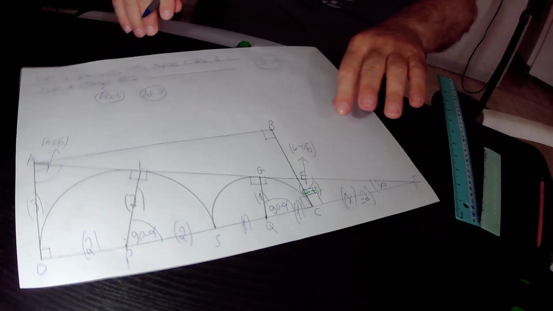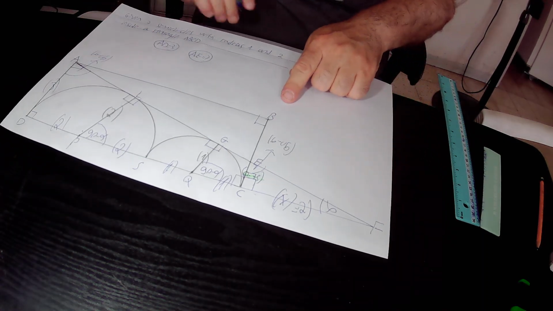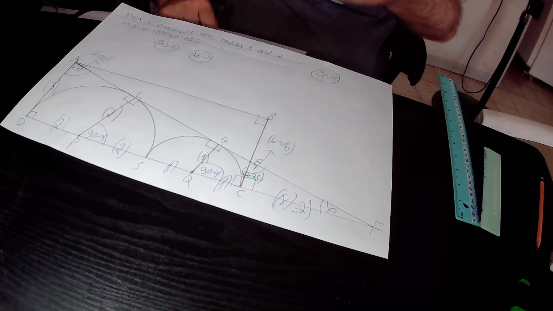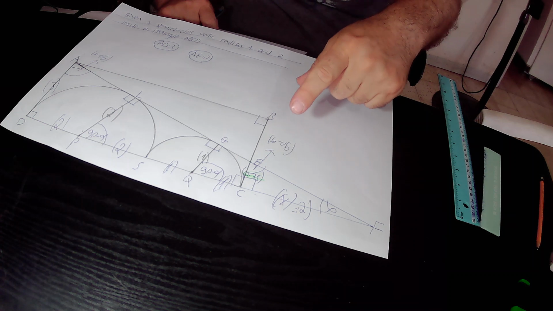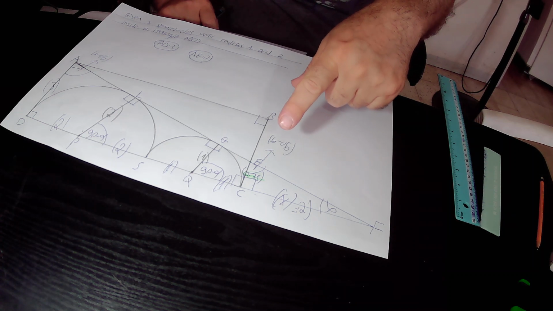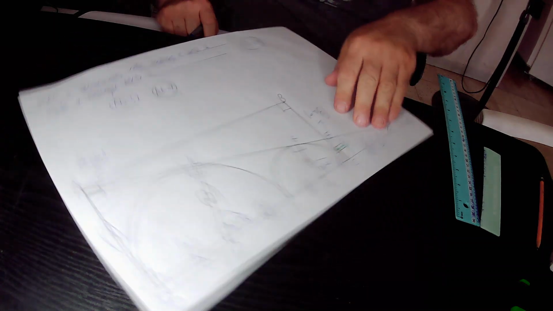What is the length of the missing line segment BE? From the drawing, it is very easy to see that BE equals BC minus EC. So I write it down.